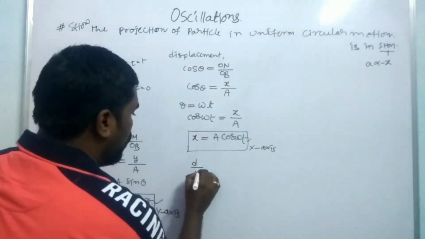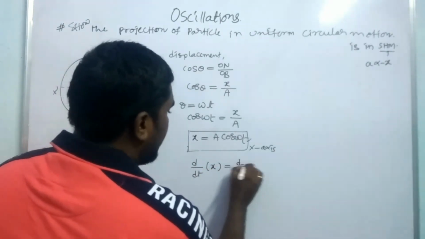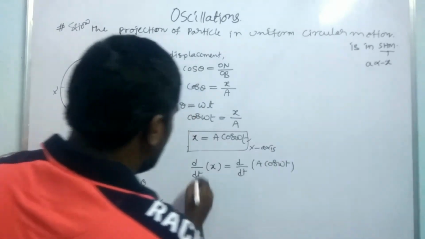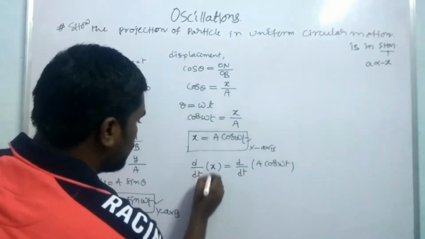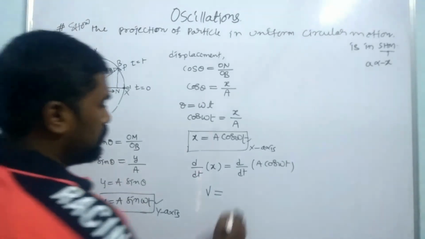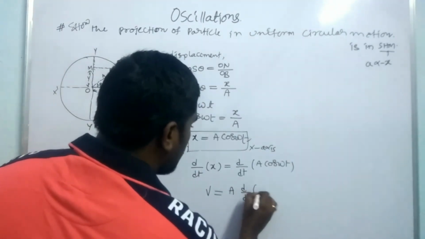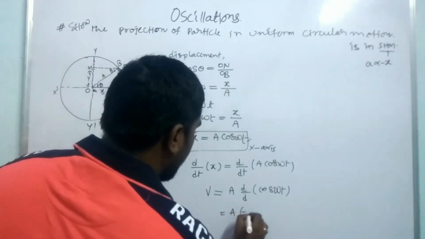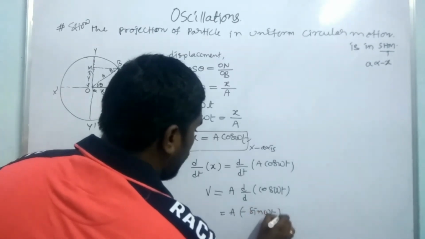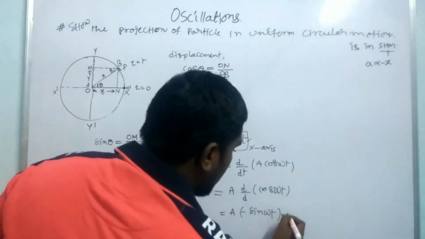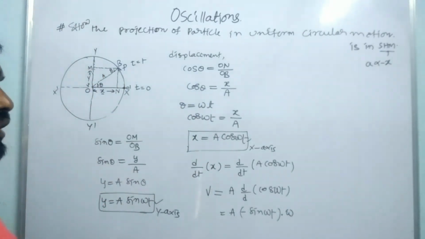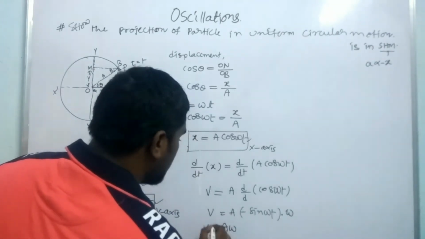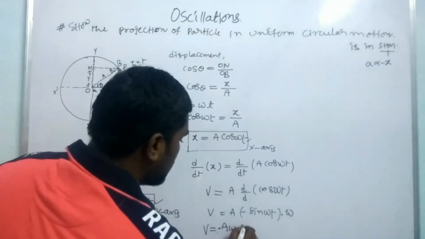Then d by dt of x is equal to d by dt of a cos omega t. Here d by dt of x is nothing but dx by dt, which is the velocity. So a into d by dt of cos omega t, which is a into minus sin omega t, and omega t gives omega with respect to time. Therefore v is equal to minus a omega sin omega t.